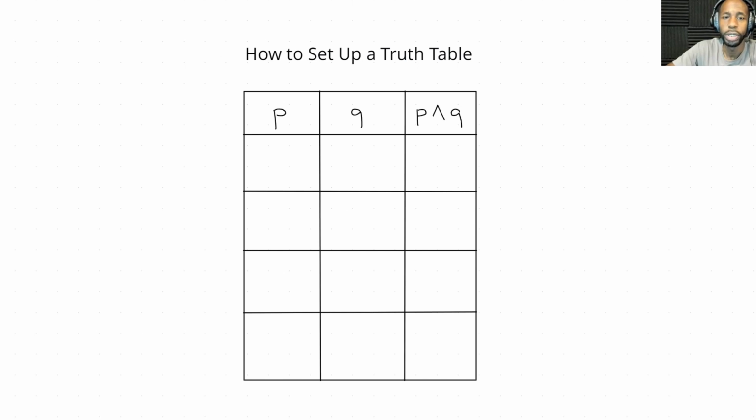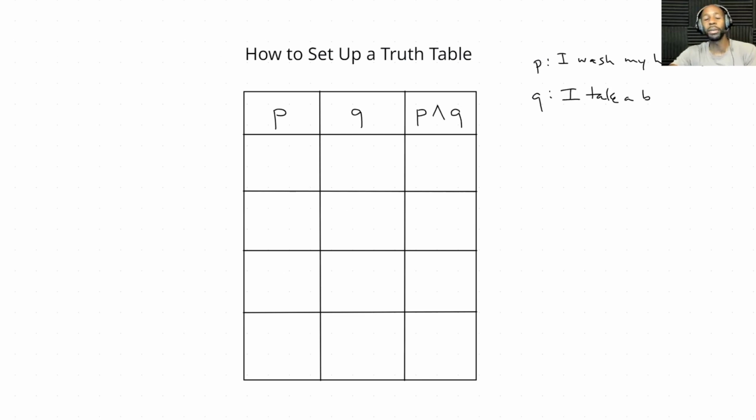Now, this is gonna be a quick video. Whenever you're setting up a truth table, you have two statements, P and Q, okay? Let me give a logical example. Let's say that P stands for I wash my hands, and then Q stands for I take a bath.